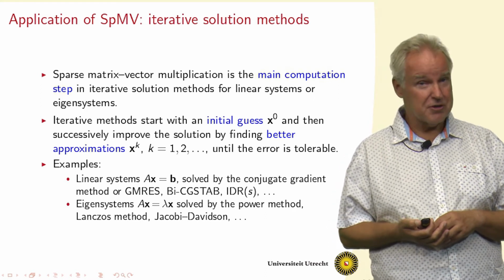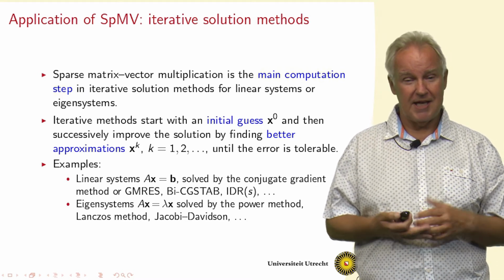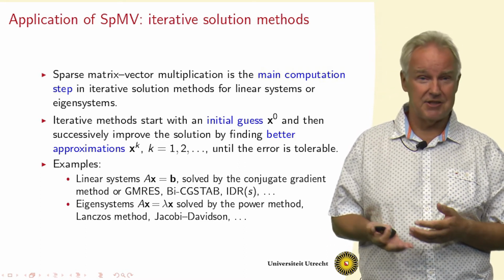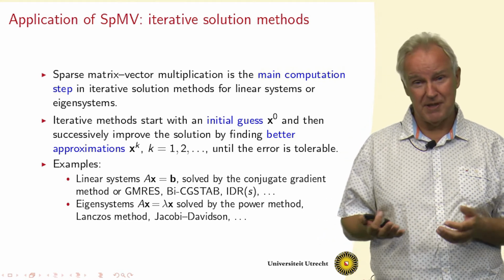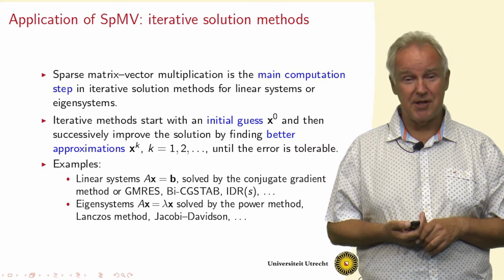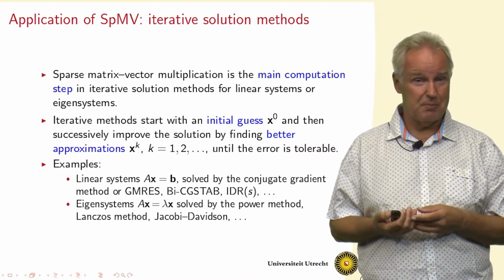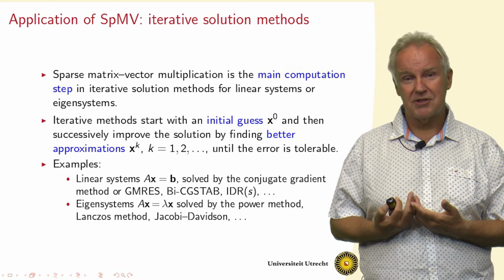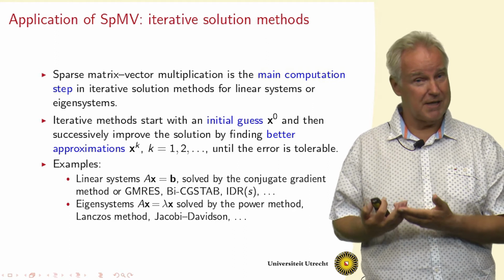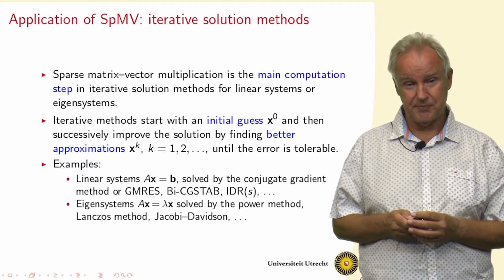The first iterative method for linear systems was the conjugate gradient method, and there are other methods like GMRes, BiCGStab, IDR(s) that have been developed over the years. For eigensystems, Ax equals lambda x, there are also methods like the power method, Lanczos' method, Jacobi-Davidson. So there are many methods. All of these methods have at their heart the multiplication by a sparse matrix. That's why sparse matrix vector multiplication is important.